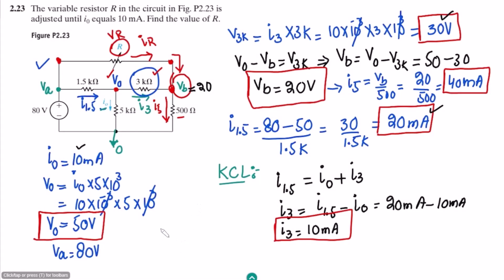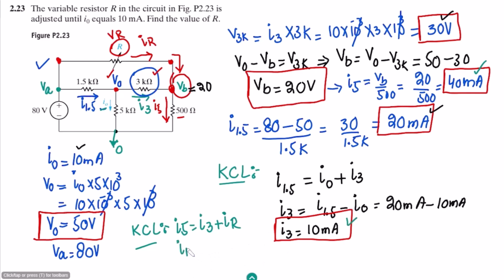So applying KCL here, it will be I5 is equal to I3 plus IR. I5 is known, and that is 40 milliamps. The value of I3 is known, that is 10 milliamps.